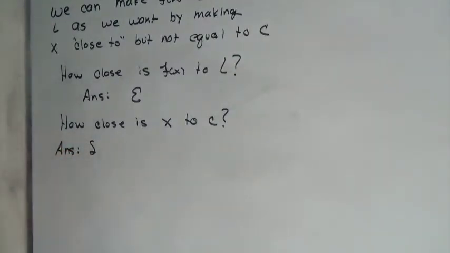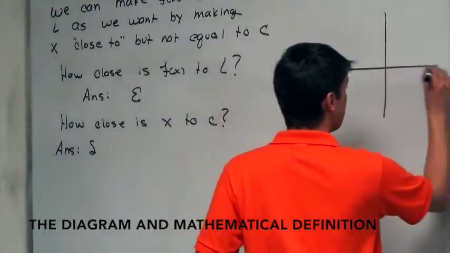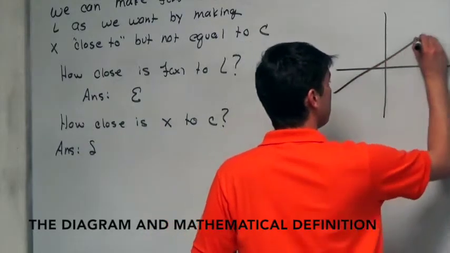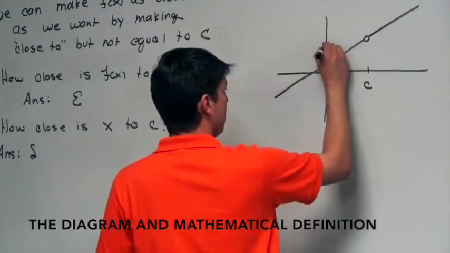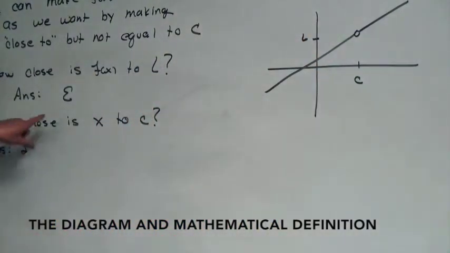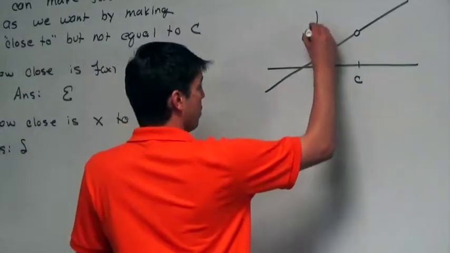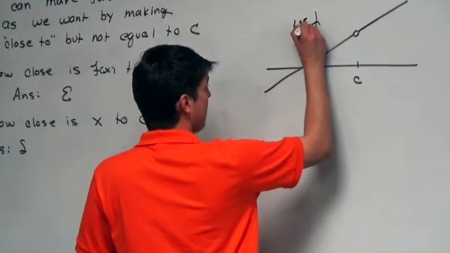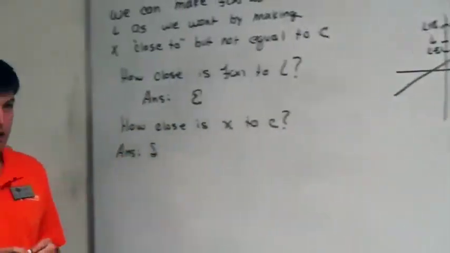Okay. So, going back to our diagram, here would be c, here would be L. If we want our function to be close to L, how close? Epsilon close. That means we can be epsilon above L or epsilon below L, so our function could be between L minus epsilon and L plus epsilon.